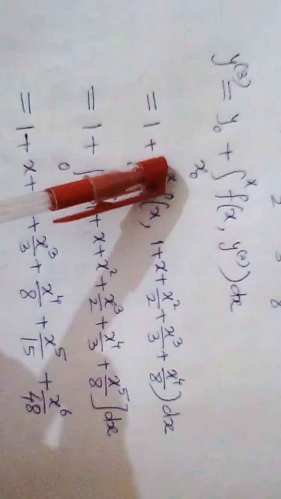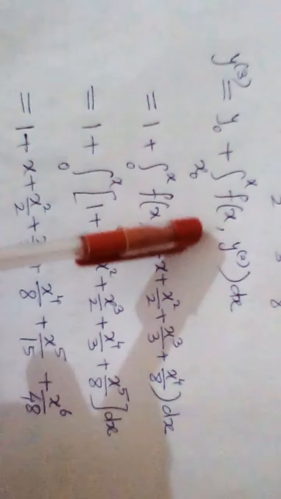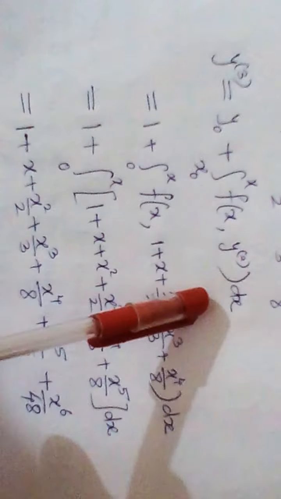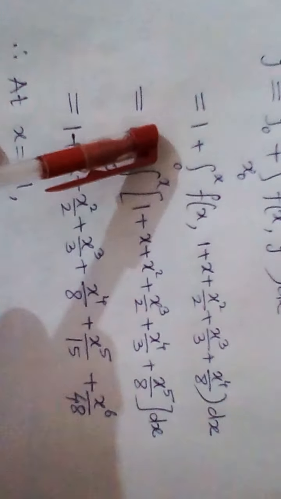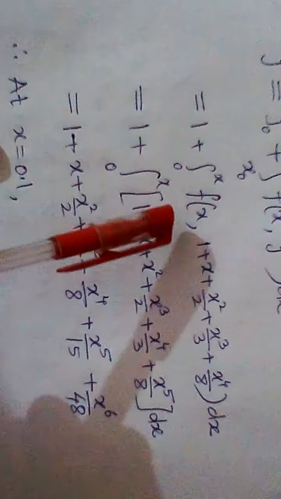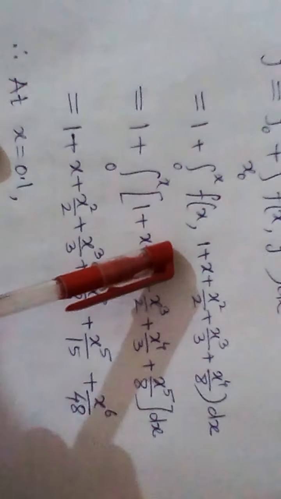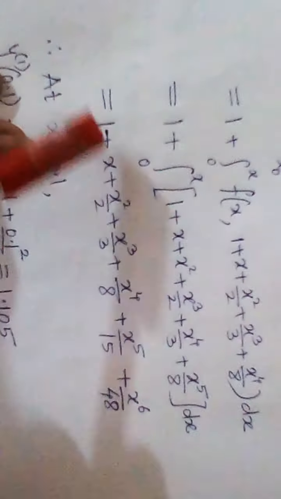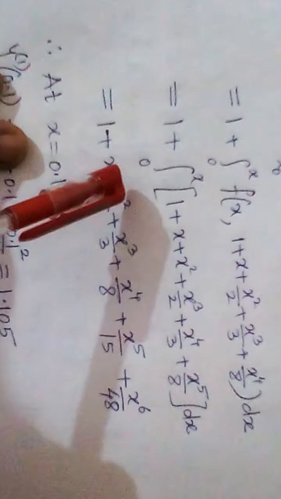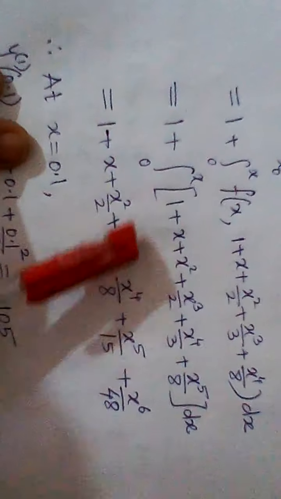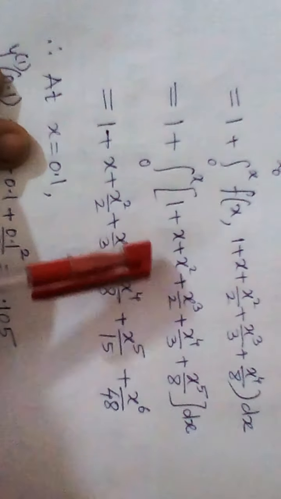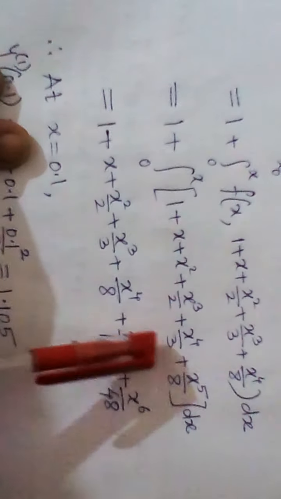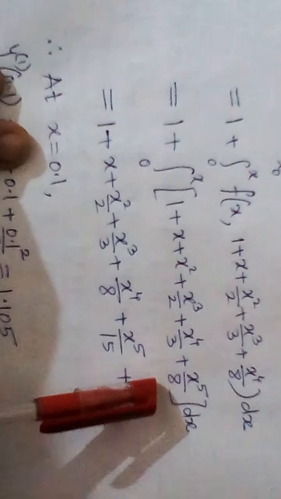So third approximation is y naught plus integration from x naught to x of f of x comma the second approximation dx. So this is 1 plus integration from 0 to x of f of x comma 1 plus x square by 2 plus x cube by 3 plus x raised to 4 by 8 dx, equal to 1 plus integration from 0 to x, and we have 1 plus the product, so 1 plus x square plus x cube by 2 plus x raised to 4 by 3 plus x raised to 5 by 8 dx.